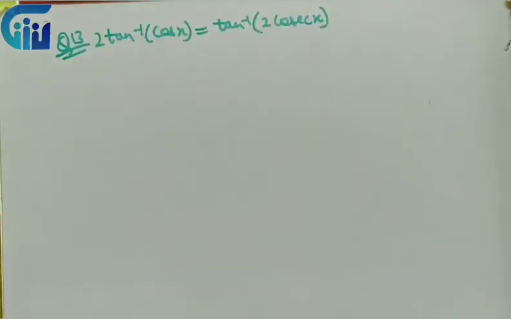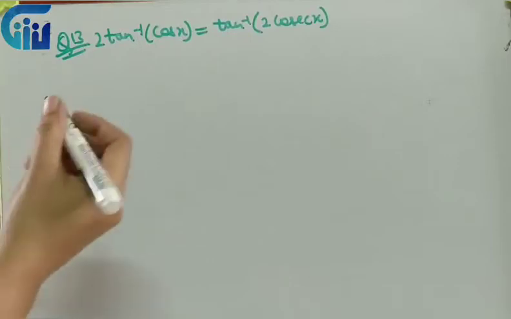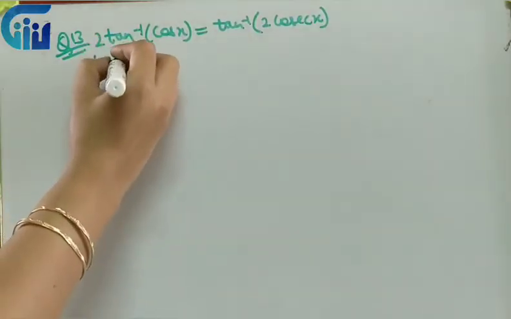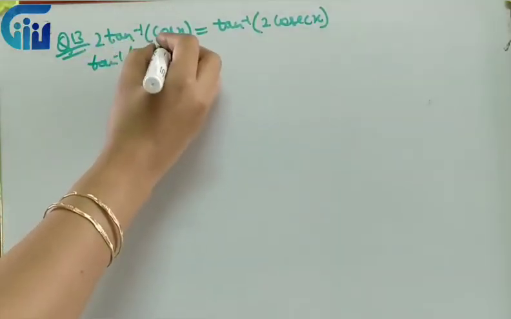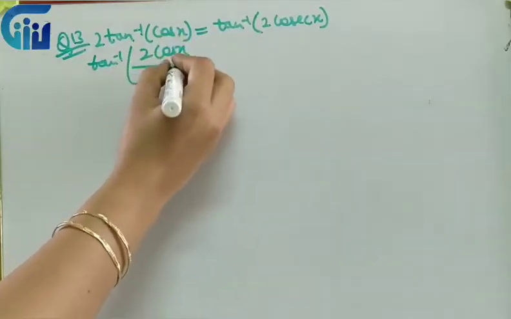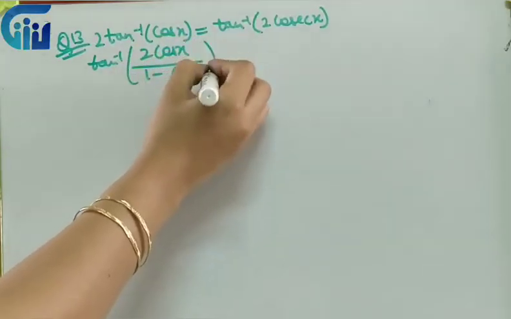This is question number 13 of miscellaneous exercise. Now again we have to solve for x. Now what do we observe? We have 2 tan inverse of a particular angle on one side and tan inverse on the other side. To compare, we have to change this also to tan inverse. So there is one formula which changes to tan inverse, that is tan inverse 2x upon 1 minus x square.